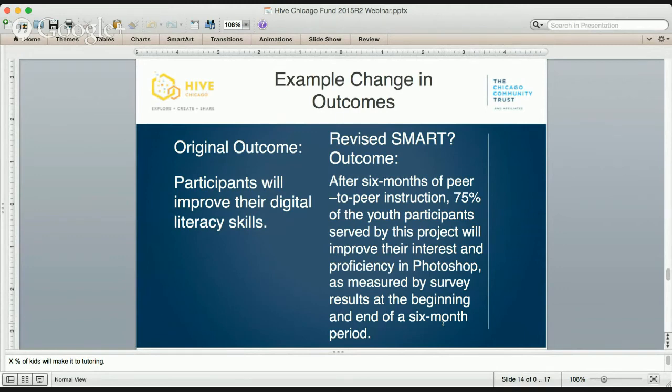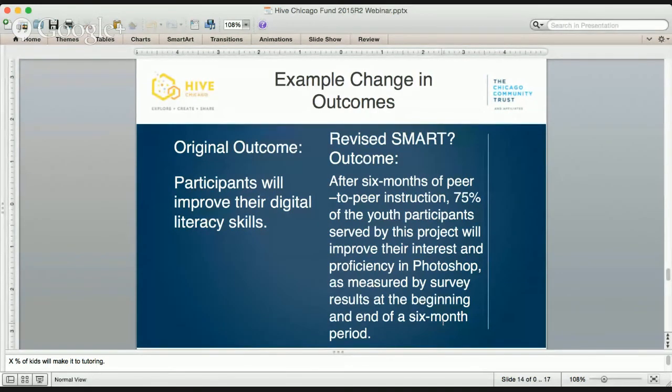Robert, anything? Well, I was just going to add what I think is really valuable about this slide isn't necessarily the specific outcome that you have identified, because some people looking at this slide might disagree with what the definition of digital literacy is, or what improvement looks like.